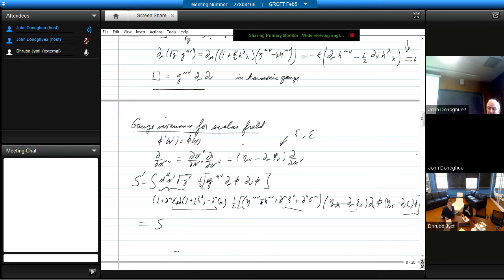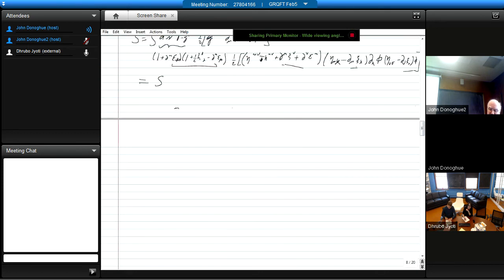All right, so let's now look at solutions to this. Here's where we prove it's gravity. Let's take a point mass. So T00 is m delta 3 of x, so it's located at the origin.